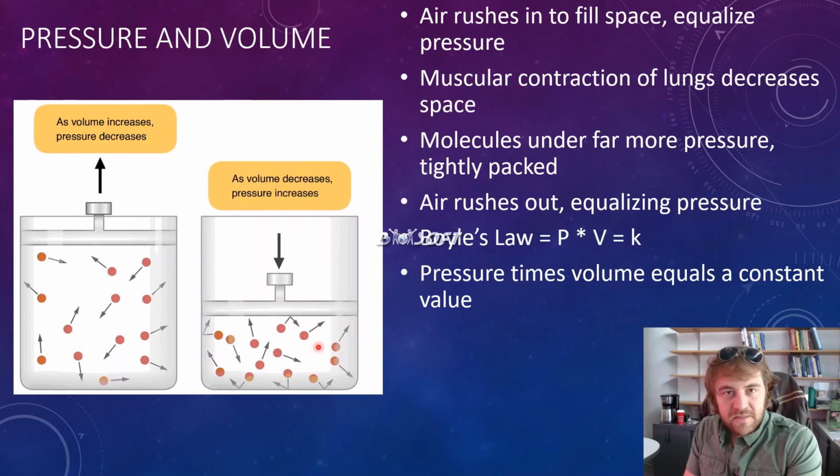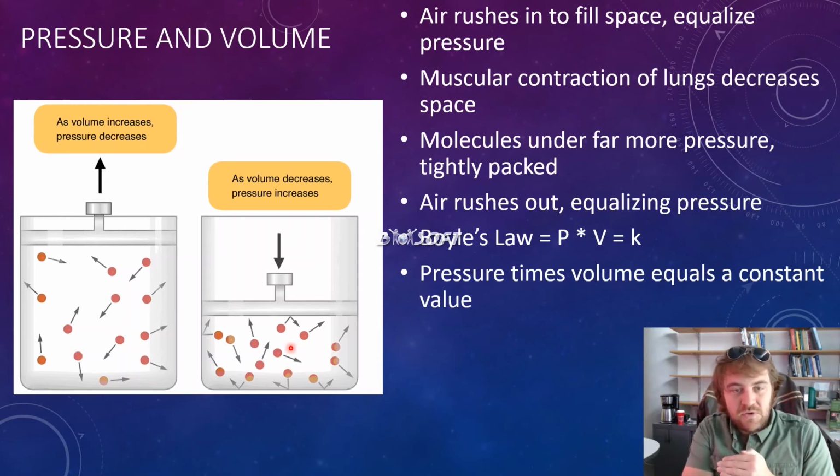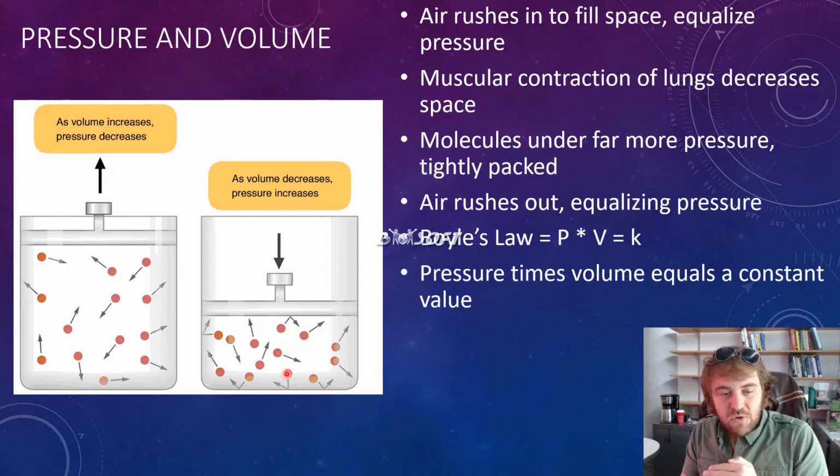So let's say K is 6. But if volume here is 3, that means pressure is 2, right? Because 2 times 3 equals 6. So pressure is 2. But now we've reduced volume to 2. We've pushed it down. Now it's 2 units. It was 3 over here. Well, pressure has to raise to accommodate that drop in volume.